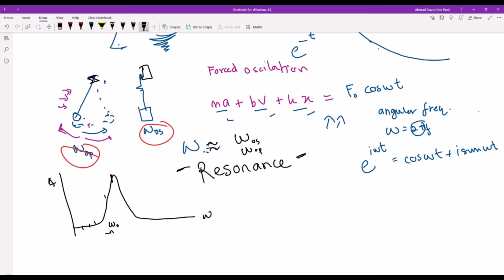So for resonance, of course, there is the breaking glass. I don't know who has tried, whoever has a high pitched voice can break the glass. And then if you remember about the tuning fork.